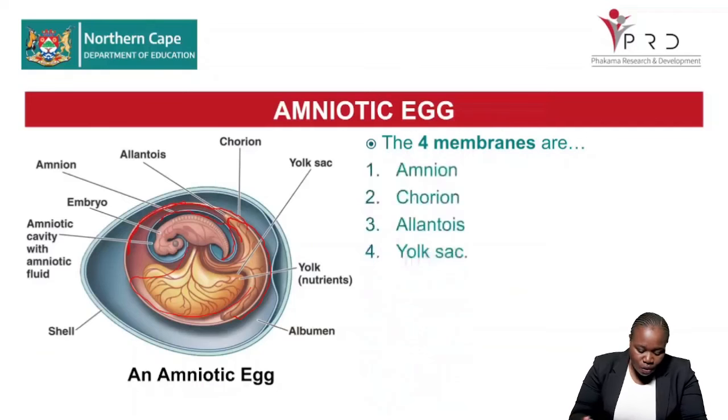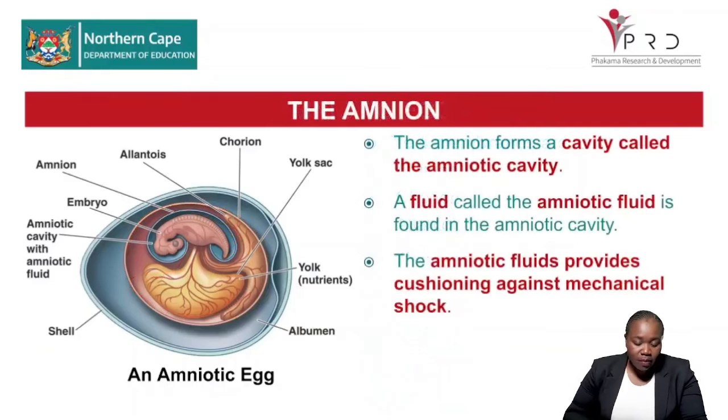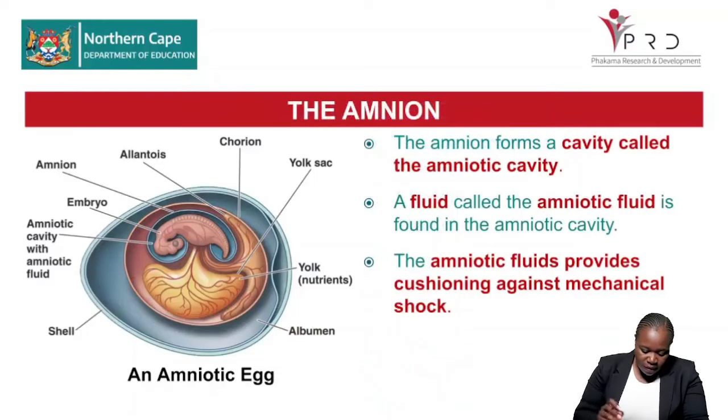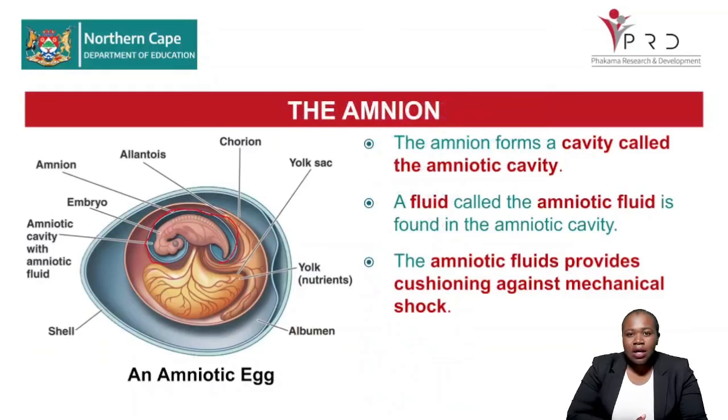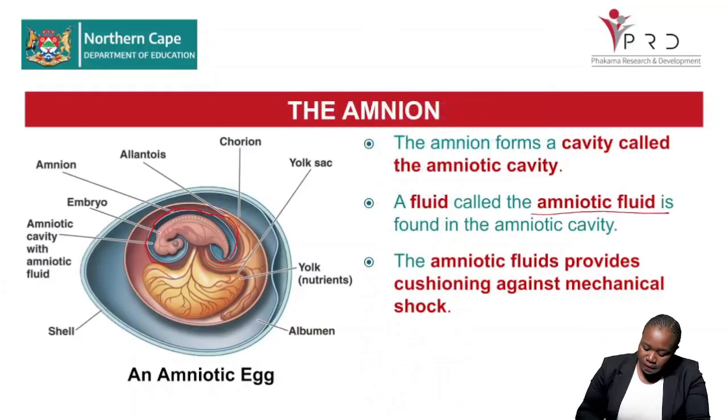Right, so we're going to look at what roles these four membranes play in the development of the embryo inside the egg. Firstly we will start with the amnion. There we have the amnion. Between the amnion and the developing embryo, we have an amniotic cavity. Within that cavity we have the amniotic fluid.